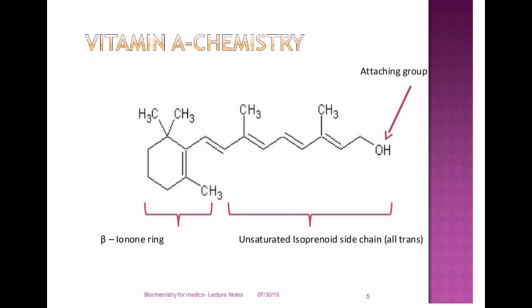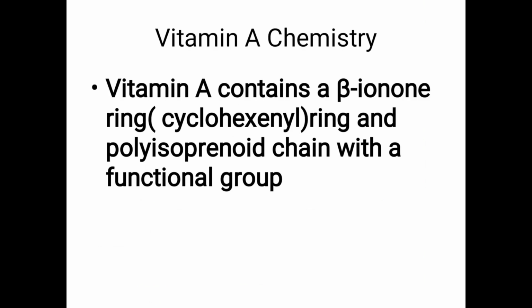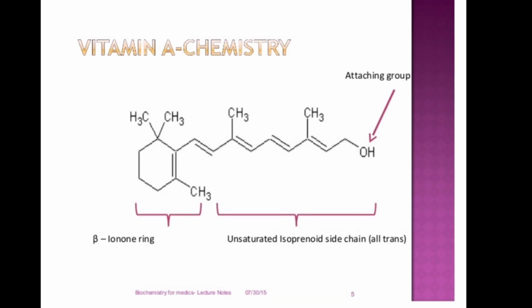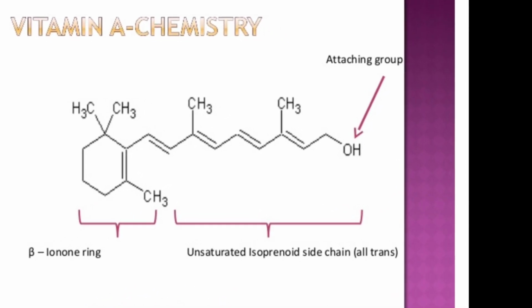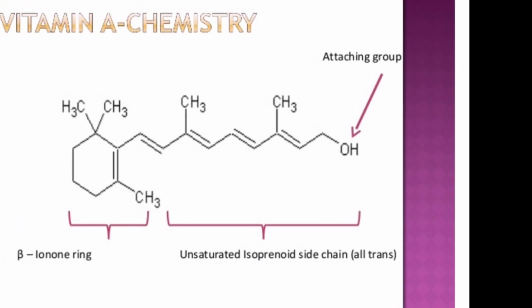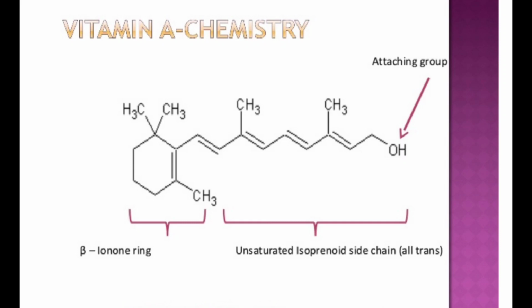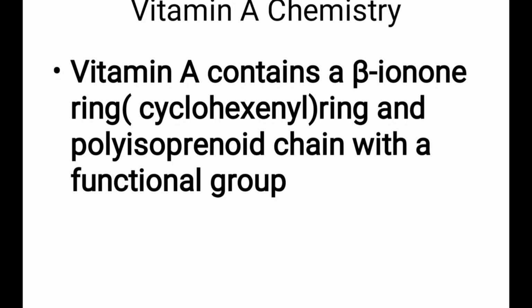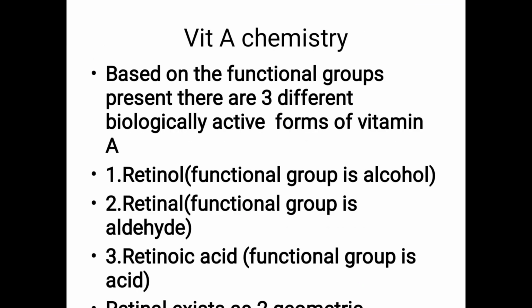You need not remember this, but you should remember at least that vitamin A contains a beta ionone ring with a polyisoprenoid side chain with a functional group.